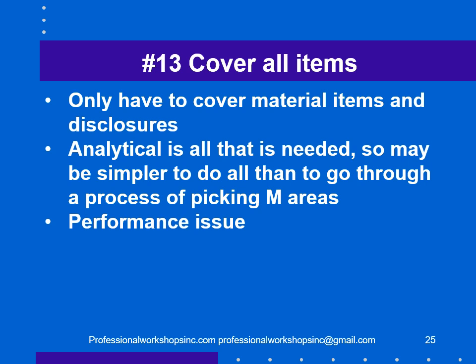Got to cover all items in a review engagement, and actually only have to cover material items and disclosures. And all we're doing is analytical procedures and inquiry. So that should be pretty simple. The problem is we only have to cover material items.